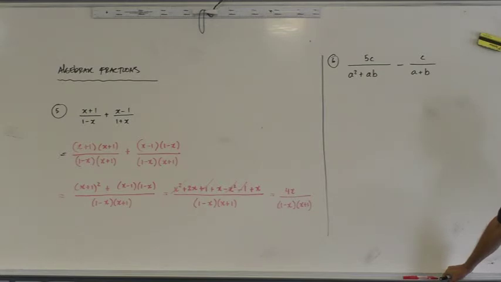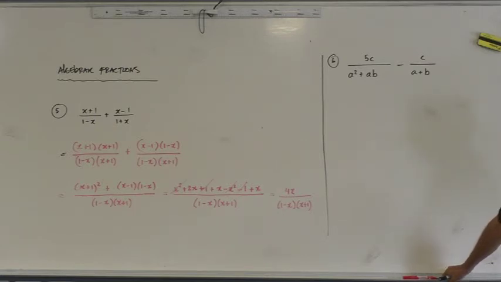Pay attention to this one. This is one of these questions in which you need to factorize first, because after factorization, you will know what you need to multiply the other one by.